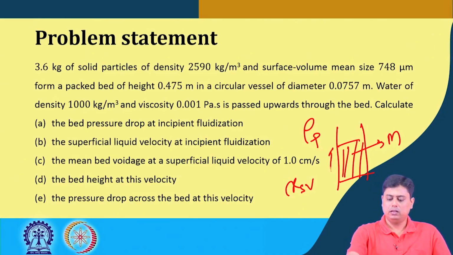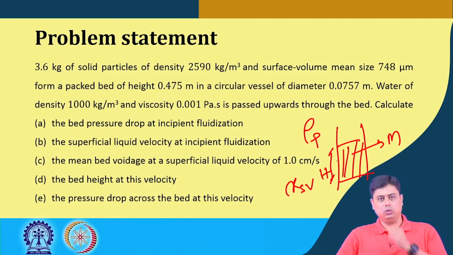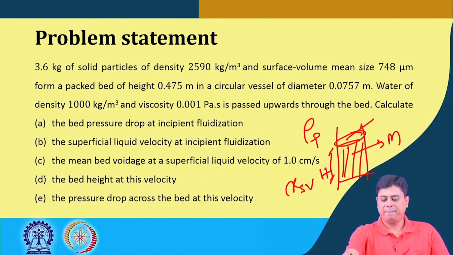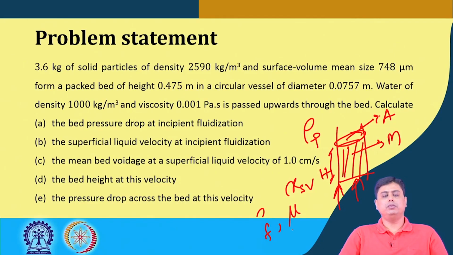We have the height, which is also known. It is of circular cross section, and this cross sectional area is also known because the diameter of the vessel is given. The water is flowing upward. This water, or rho fluid, is mentioned, and mu of the fluid is also given. So, sufficient information is provided.